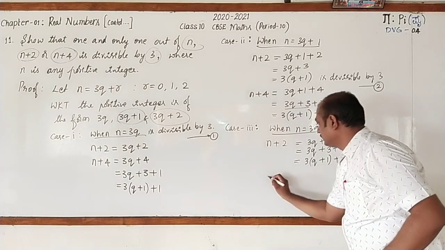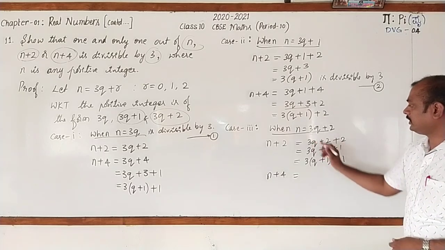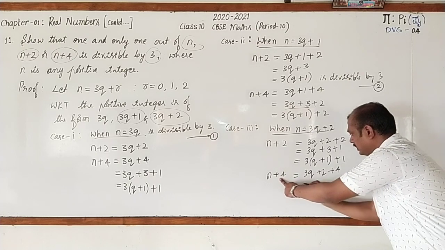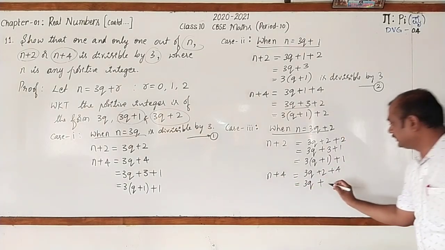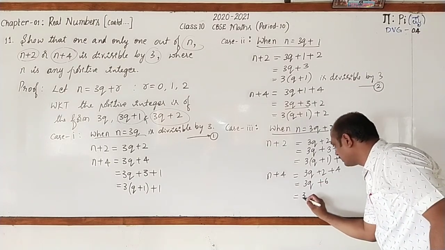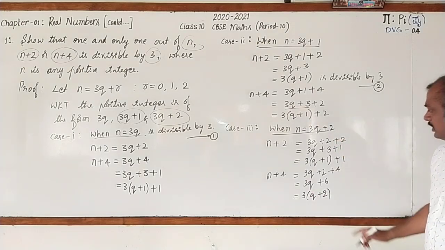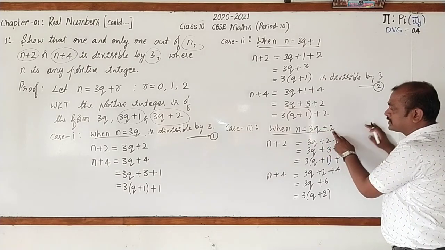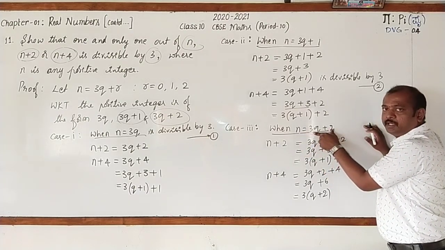One more number. That is n plus 4, which is equal to, what is n? n is 3q plus 2 plus 4. This is equal to 3q plus, what is 2 plus 4? It is 6. Now can we take 3 as common factor? Yes, it is 3 into q plus 2, since 3 times 2 is 6. Now you just observe these three numbers. N equal to 3q plus 2. What is the meaning of this? When n is divided by 3, it leaves the remainder 2.